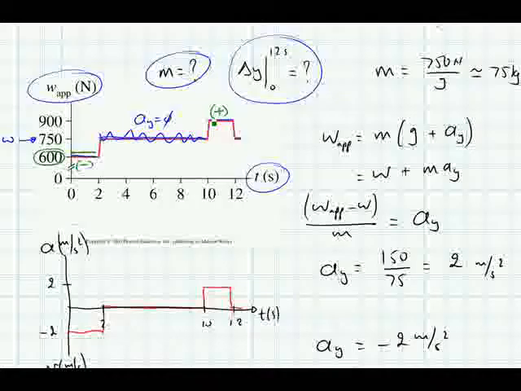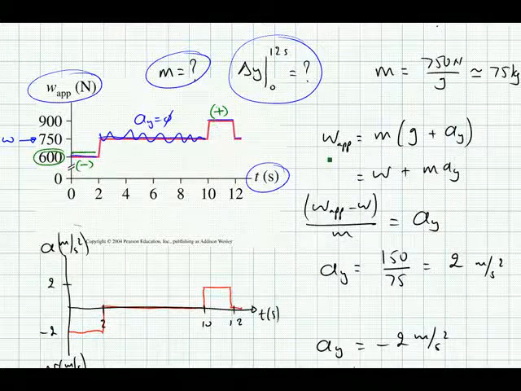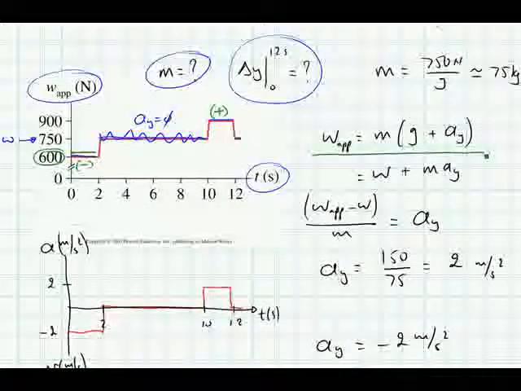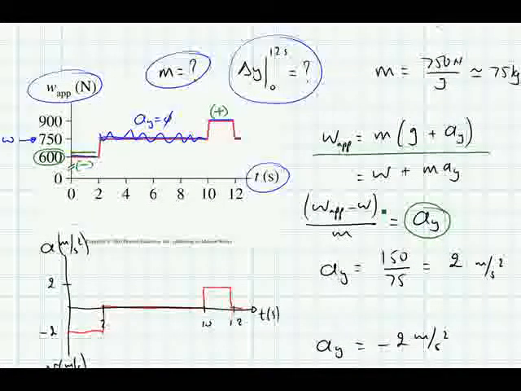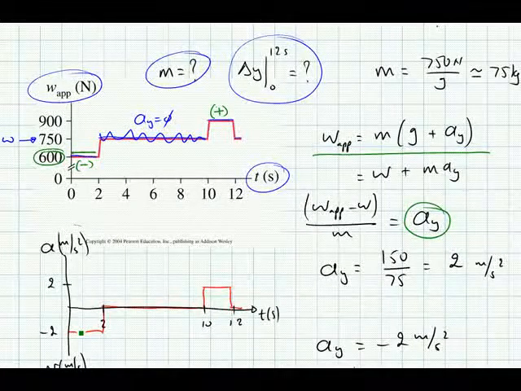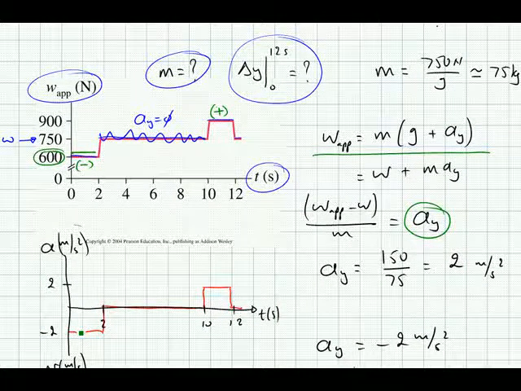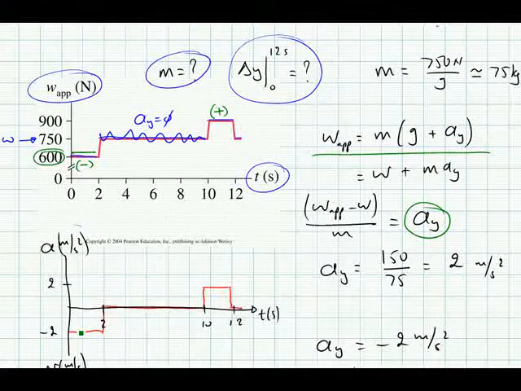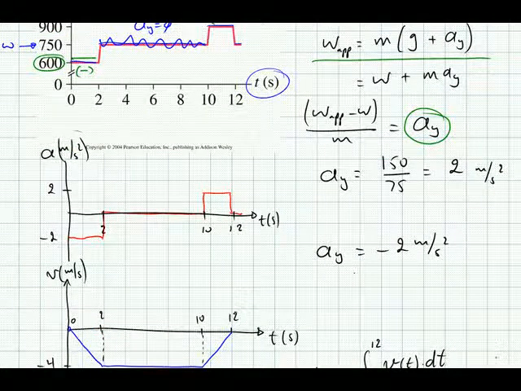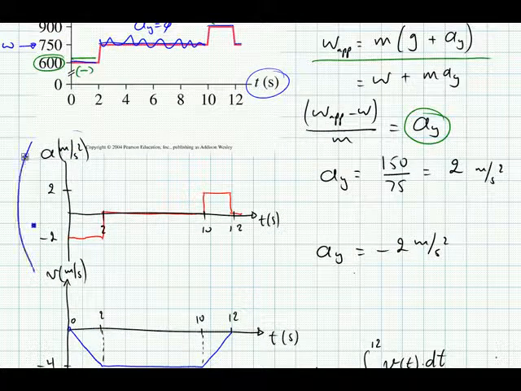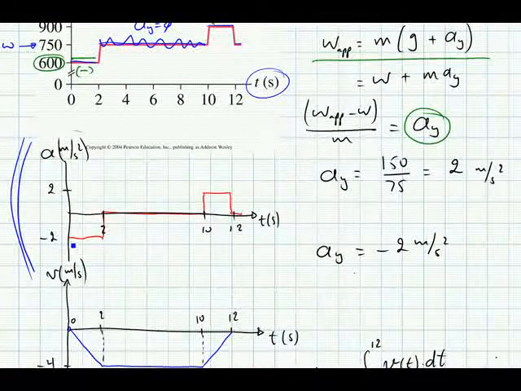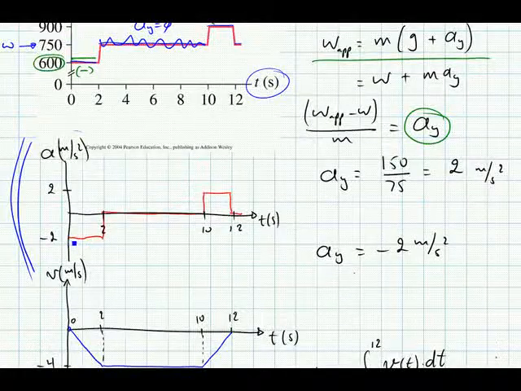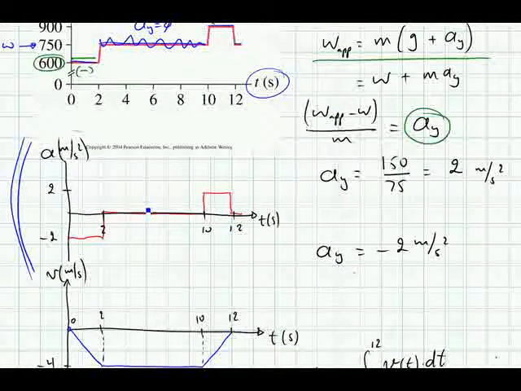So having established this, go ahead and apply this equation so that you can figure out a_y for both the 0 to 2 second region and the 10 to 12 second region, and you should end up with this plot down here, where the acceleration is negative 2 meters per second squared for starters, and then it becomes 0.